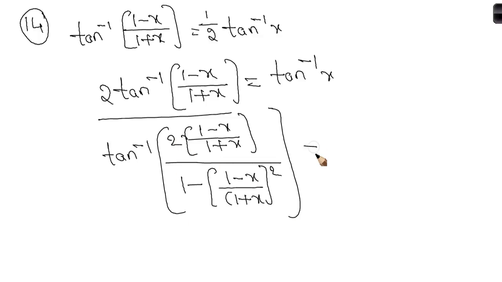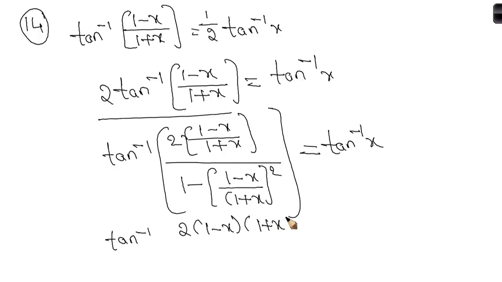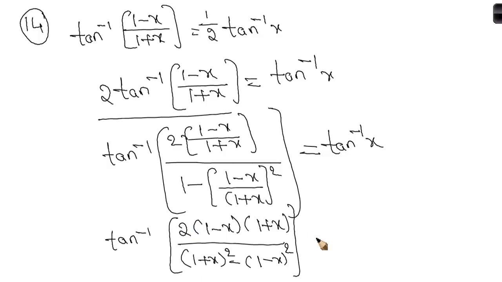That is equivalent to tan inverse of x. So it is tan inverse of 2 into 1 minus x into 1 plus x. If we simplify this, I am doing 2-3 steps in one step: 1 plus x whole square minus 1 minus x whole square is equal to tan inverse of x.